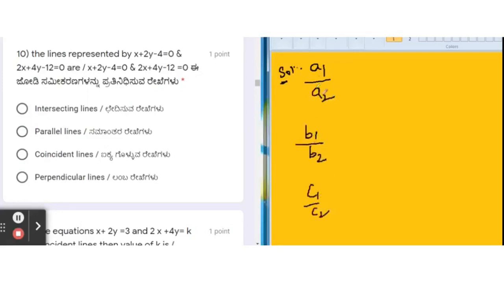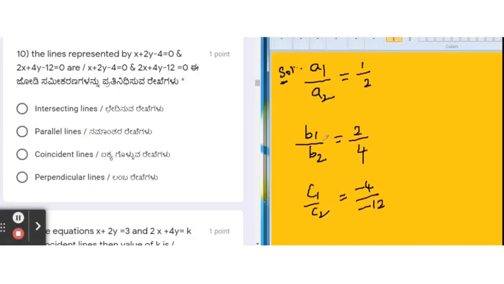Where a1, a2 are the coefficients of x of first linear equation and second linear equation, b1, b2 are the coefficients of y of first equation and second equation, c1, c2 are the constants of first and second linear equation. So what is a1? a1 is the x coefficient of first equation. There is no coefficient, we will assume it as 1. a2 is 2. b1 is 2 and b2 is 4. c1 is minus 4, c2 is minus 12.